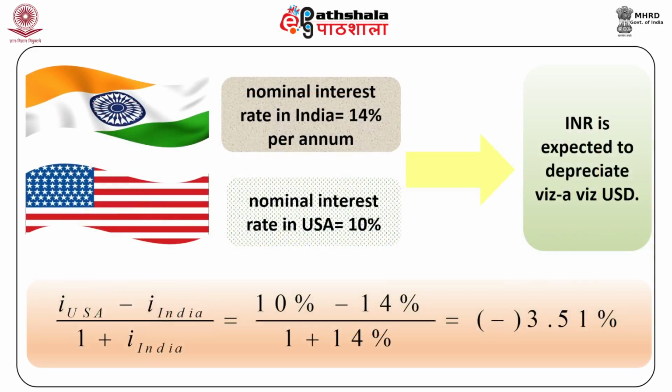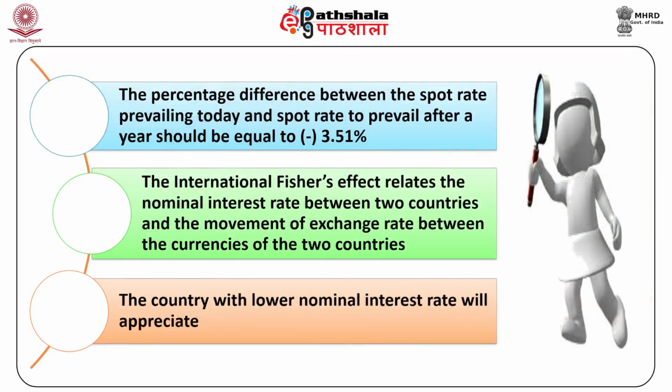For example, if the nominal interest rate in India is 14% per annum and it is 10% in USA, then INR is expected to depreciate vis-a-vis USD, that is, 10% minus 14% divided by 1 plus 14%, which is equal to minus 3.51%. Now this indicates that the left hand side of equation 5 should also be equal to minus 3.51%.